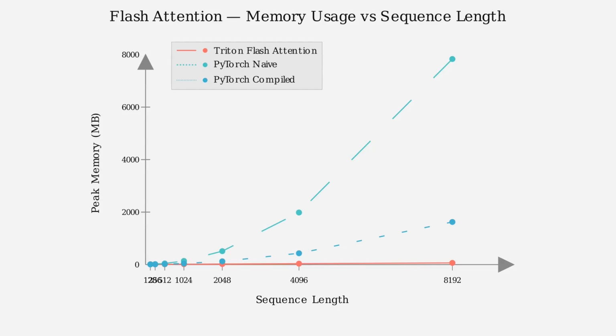Our flash attention kernel runs exactly the same 8000 token context using just 65 MB of peak memory. We turned an impossible O(N²) memory problem into a lightweight O(N) solution. And that means Bielik can actually use its full context window.